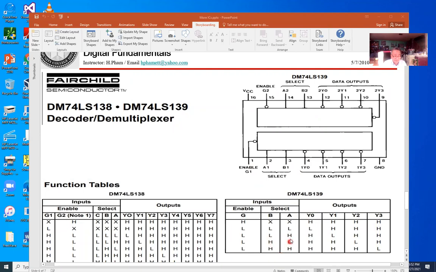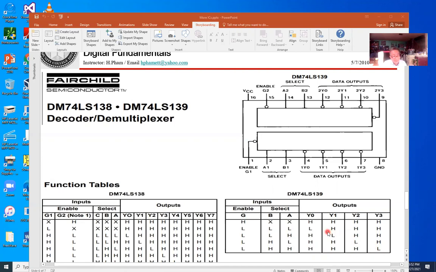This is the truth table for the select AB. 0, 0, the first is low. 0, 1, the second is low. High and low, the next is low. High and high, the last is low.